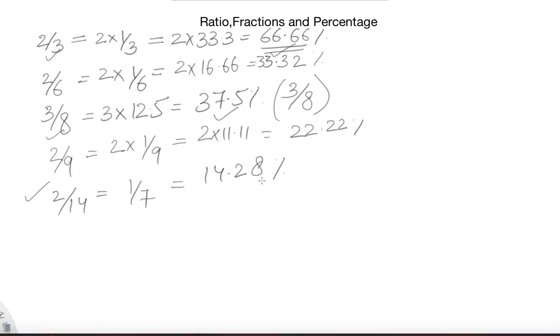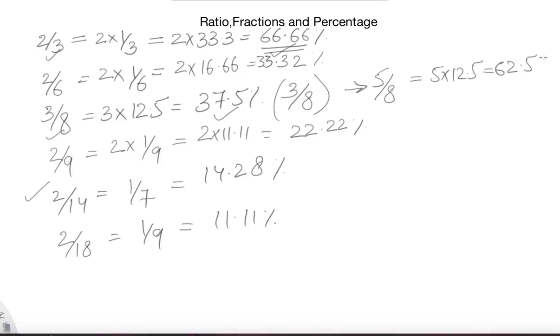Suppose for example we need to find 2 by 18, though it doesn't make much sense. It is 1 by 9, and it is again 11.11%. So this is how you'll remember. Suppose we need to find 5 by 8. 5 by 8 is nothing but 5 into 12.5, and this is 62.5%. If 62.5% is there, you need to know that it equals 5 by 8.